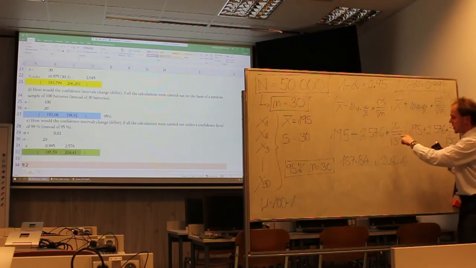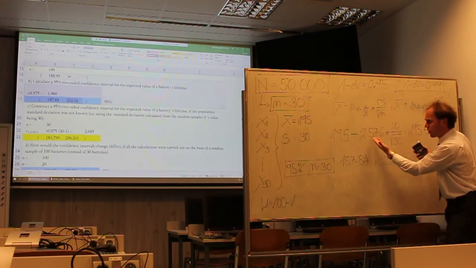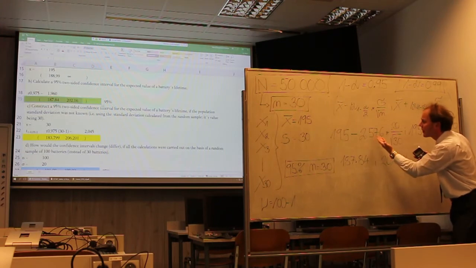20 divided by square root of 30 times 2.576. Can you see this ratio is larger than before, a larger quantile?